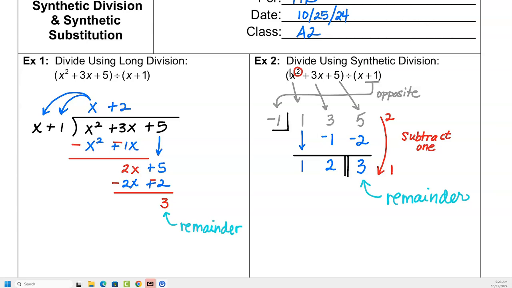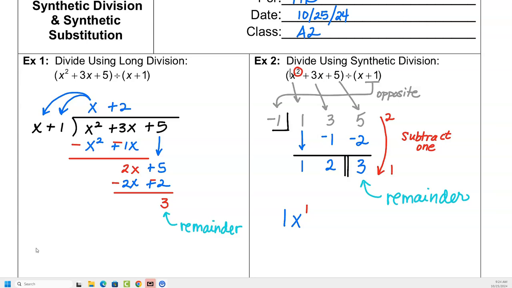Okay, and so now what we're going to do is write the result. So the 1 that is here, that's going to be your leading coefficient. So it's going to be 1x, and the power that we're going to use is this one right here becomes the power. So it's the power of 1.